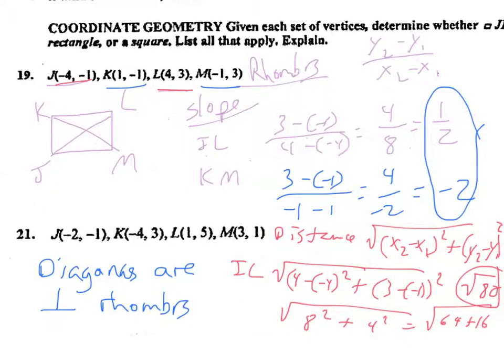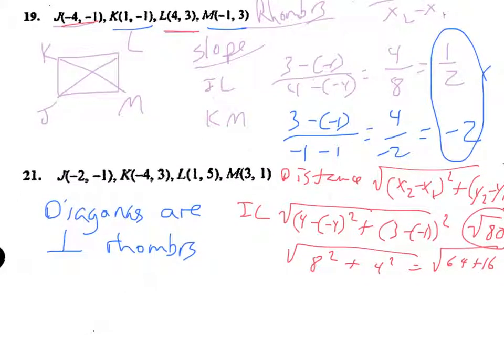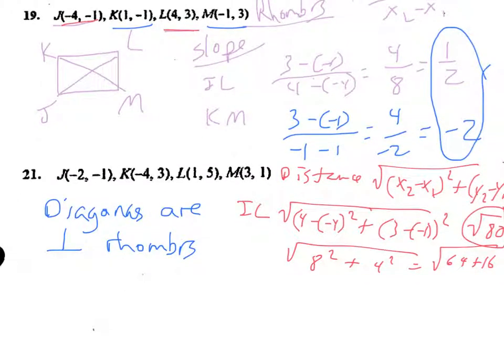Now we need to find the distance of KM. KM, that would be negative 1 minus 1 squared plus 3 minus negative 1 squared.